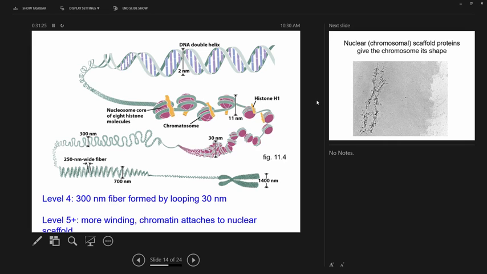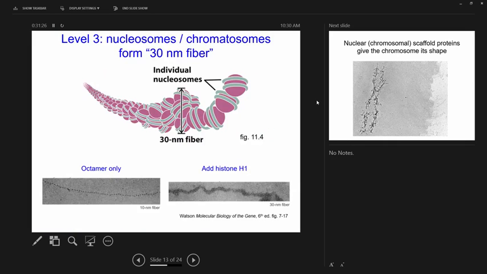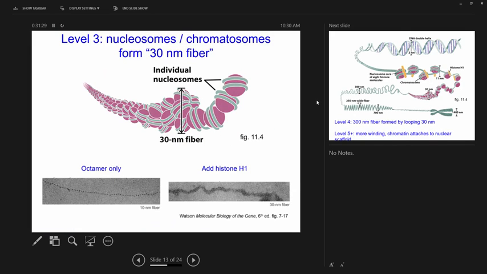So here, the 30 nanometer fiber is this solenoid structure. If you were able to magically remove the histones, like if you had something that degraded histone H1 specifically but left the octamer histones alone, or an antibody that bound to histone H1 and removed it from the situation, you would go from the 30 nanometer back to the 10 nanometer.